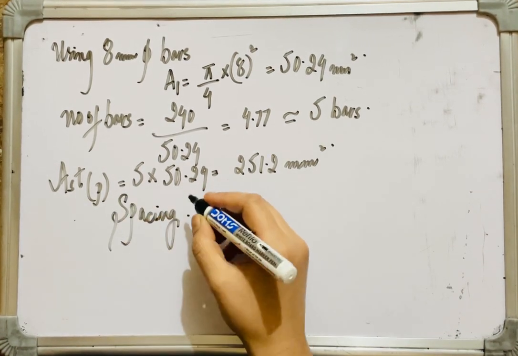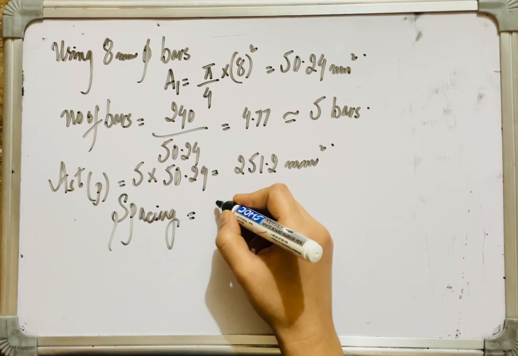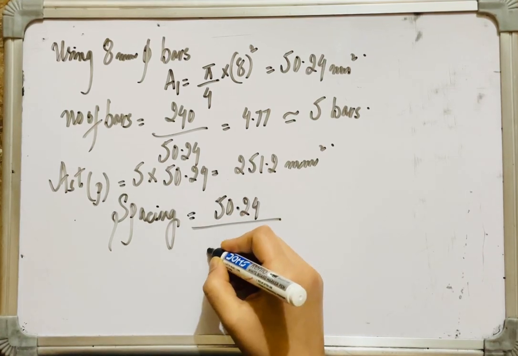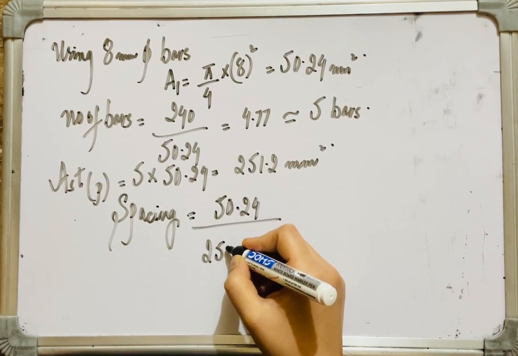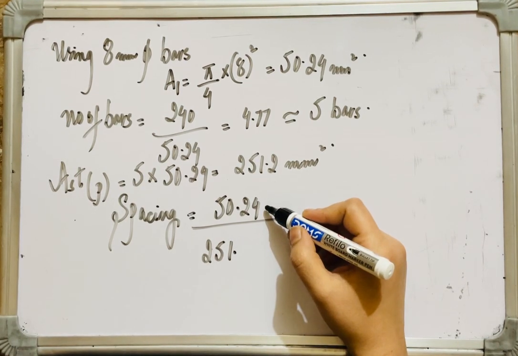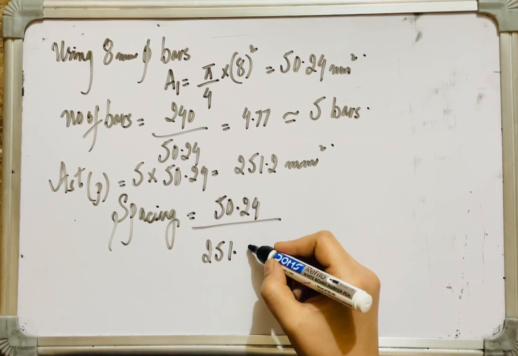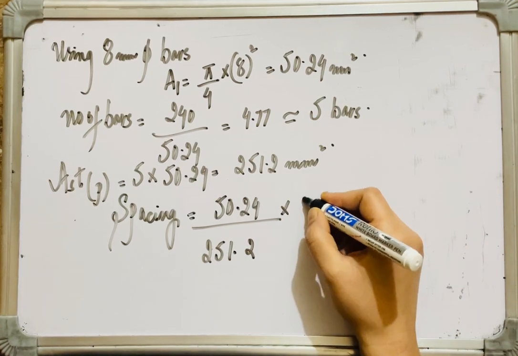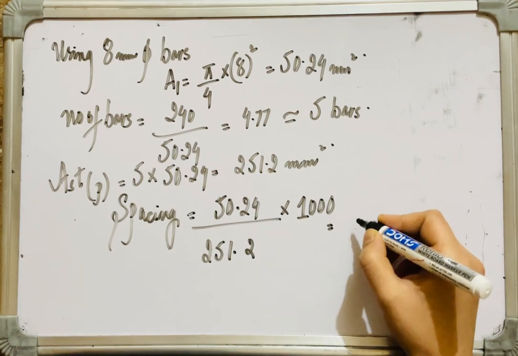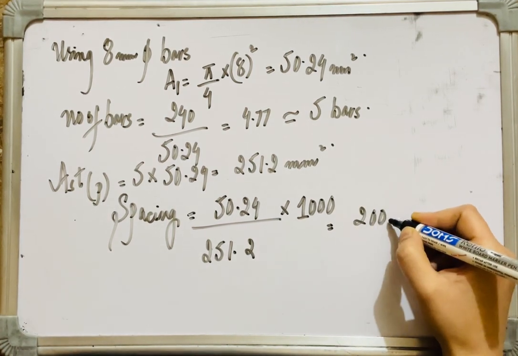Spacing हम provide करेंगे 50.24 divided by 251. This is area of 1 bar. This is AST provided, multiplied by 1000, which by calculations is 200 mm.